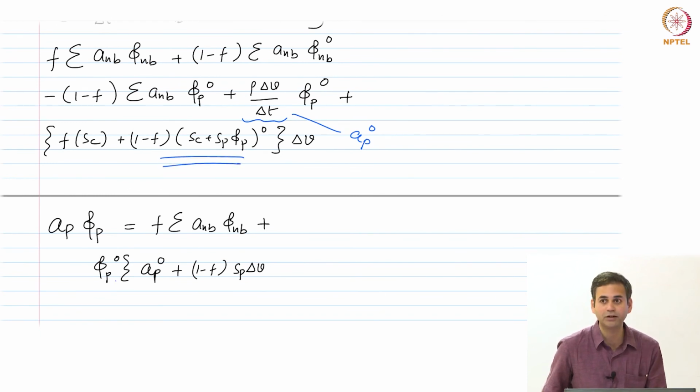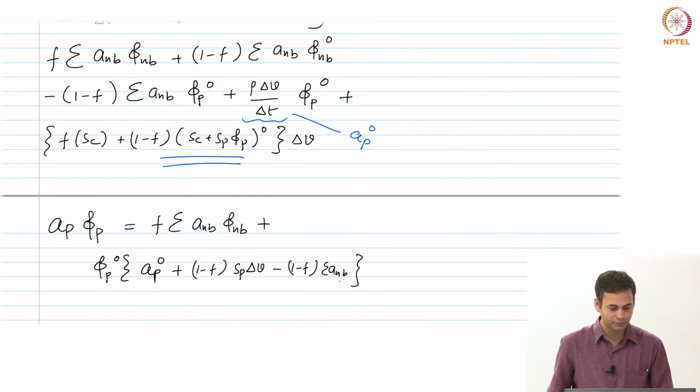Above would be minus 1 minus F times sigma A NB. AP 0 is just the coefficient of phi P 0, that is all. We do not have zeros and ones for the coefficients anyway, unless you have a different notation. So AP and AP 0 essentially are another constant that is multiplying phi P 0, fine.